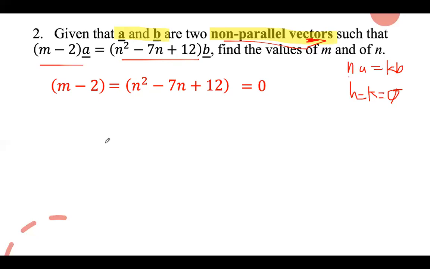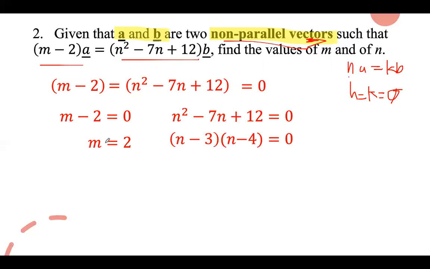We solve separately. M minus 2 equals 0, so M equals 2. And N squared minus 7N plus 12 equals 0. You factorize, you get N minus 3 times N minus 4 equals 0. So N equals 3 or N equals 4.